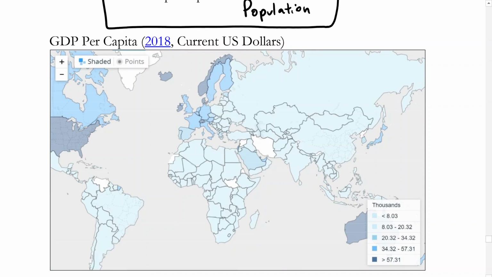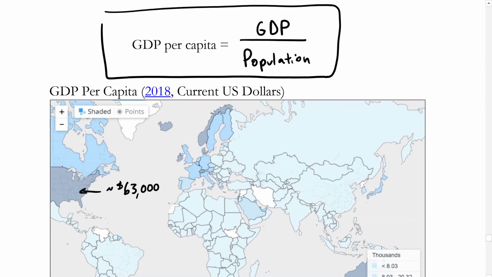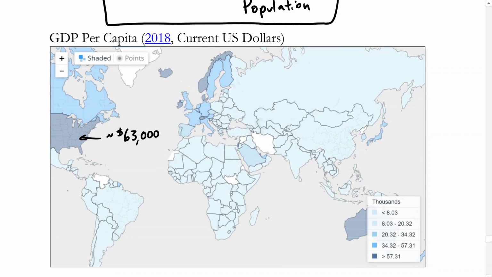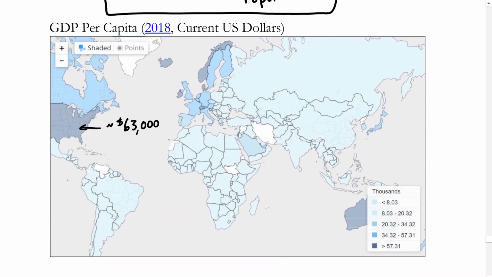So, the United States is still dark colored. The American GDP per capita back in 2018 was about $63,000. Really, because we can think of GDP as total income in the economy, GDP divided by the population is kind of like the average income in a way.